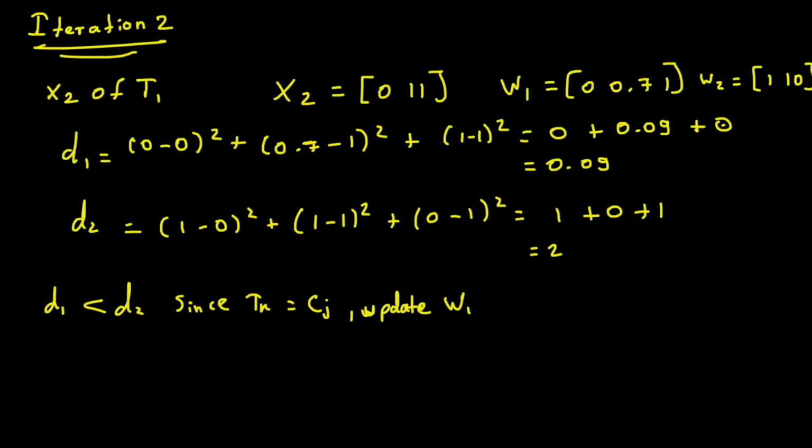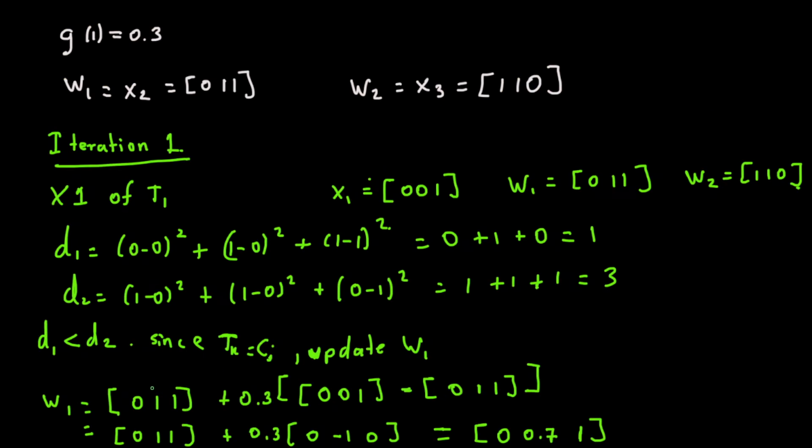Updating W1 is the same process. Like you have to take the W1, like if you look at this one here, we take the W1, that is 0, 0.7, 1, and then what we do is we multiply by the gain of the corresponding X value.